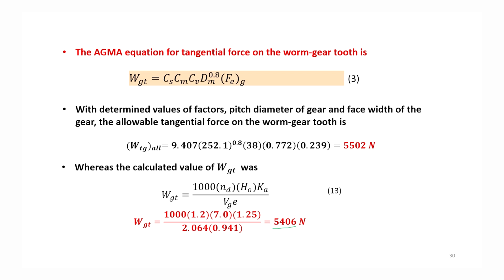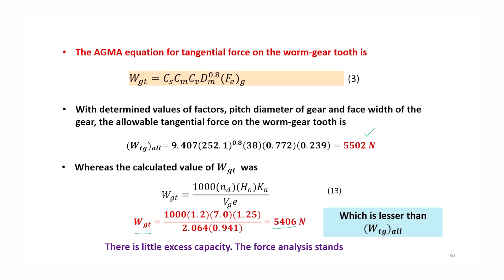That means the maximum allowable tangential load on the gear is 5502 Newton, but which is acting is 5406 Newton, which is lesser than the maximum allowable.